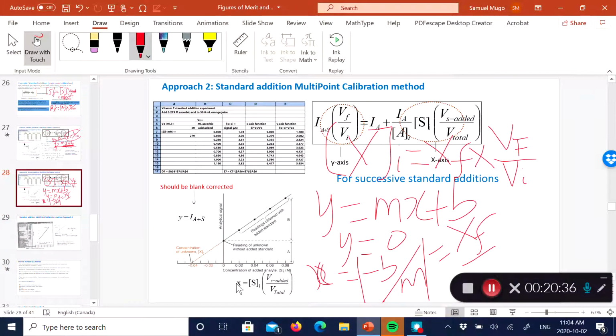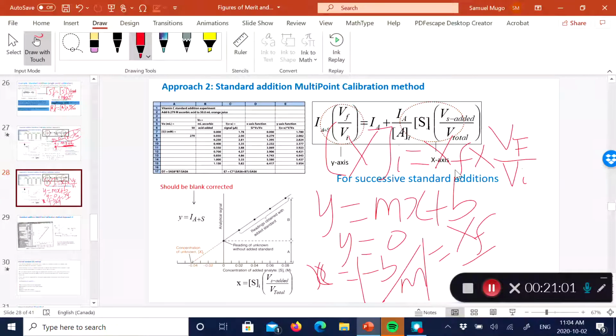So if you use this approach, where you didn't take into account the concentration factor for the y-axis, remember you have to take account of the concentration factor for the x-intercept, which I've already explained. You get it by making y equal to 0 in the equation of the line, giving minus b divided by m, which is the calibration sensitivity.